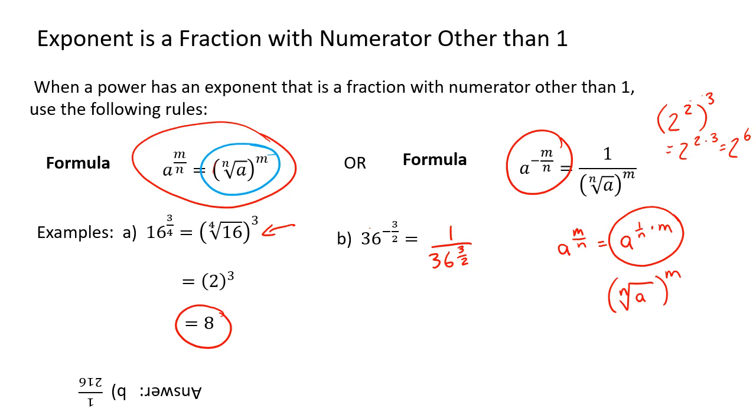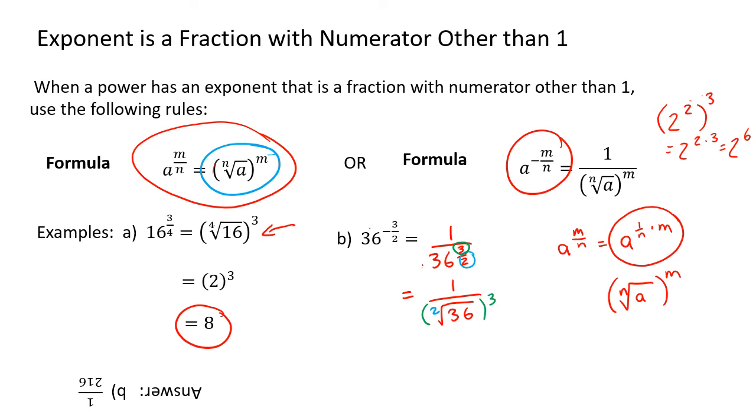Now we can write this as a root, 1 divided by 36 under the root sign, that's the base here. Then the number in the denominator, the 2, is the order of the root. And then the number in the numerator, that whole term becomes cubed.